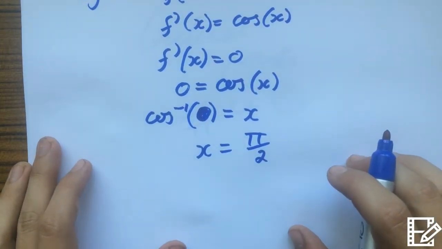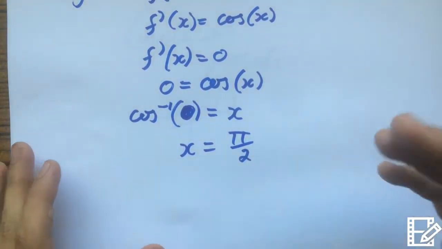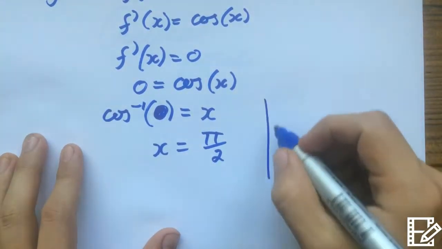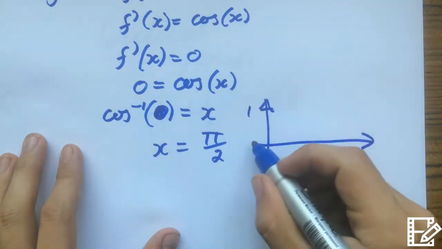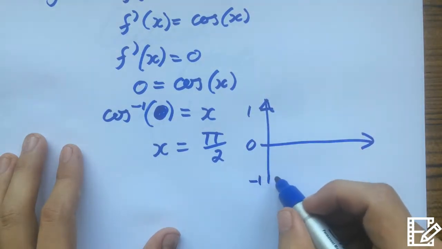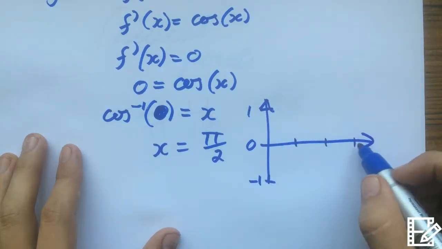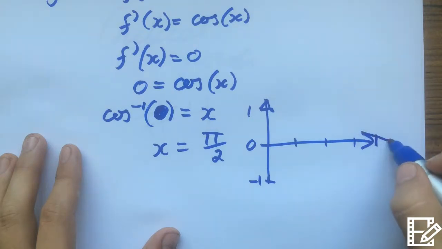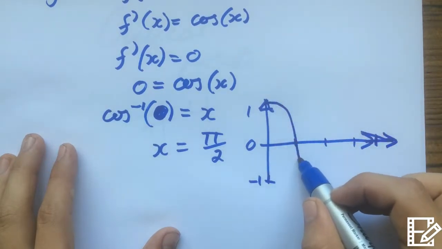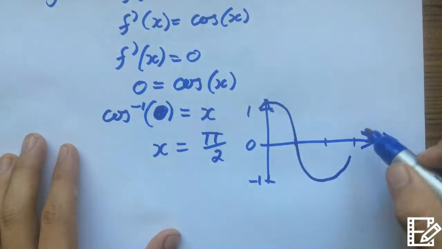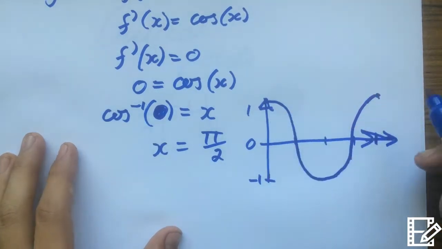Also, what you may or may not know is that on a cos graph, you have 1, 0, and negative 1. The cos graph basically starts like that, goes down to negative 1, scoops back up, back to 1 again.